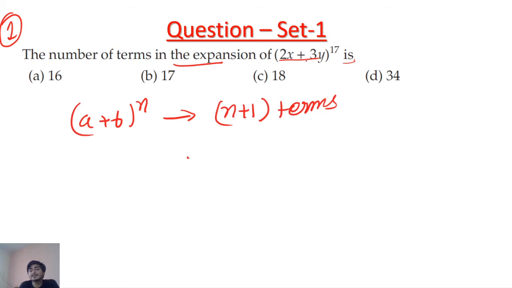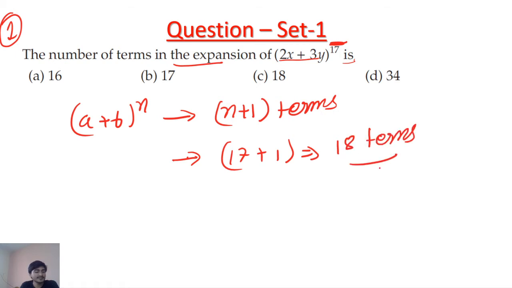So in this case, what is n? n is 17. So n + 1 becomes 17 + 1, which gives us 18 terms. Is it clear or not? Hope it is clear with all of you.